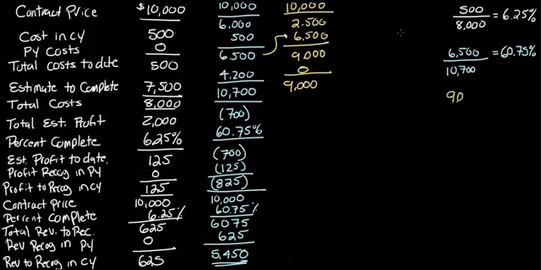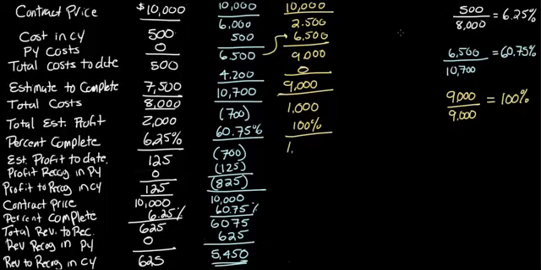So if we look at the $9,000 costs we've incurred to date, and the total costs we expect to incur are $9,000, that must mean we are 100% complete. What does that mean? Well, if we look at the contract price minus our total costs on this contract, we're going to have $1,000 in profit. At 100% complete, that means our estimated profits to date are $1,000.